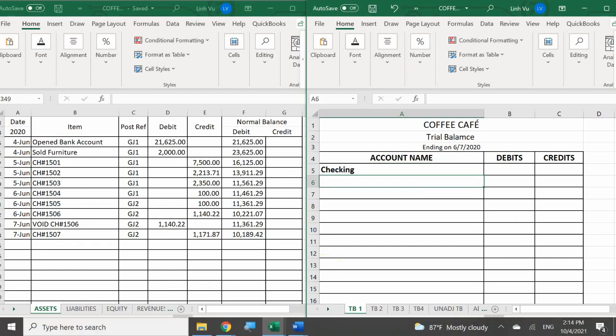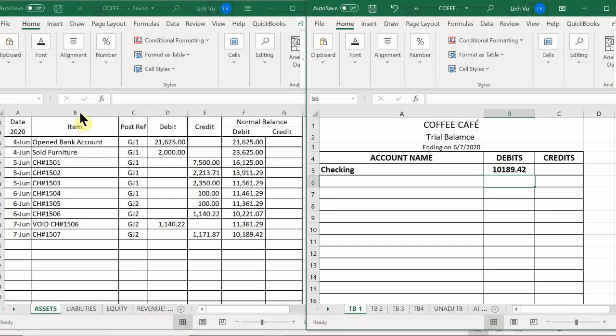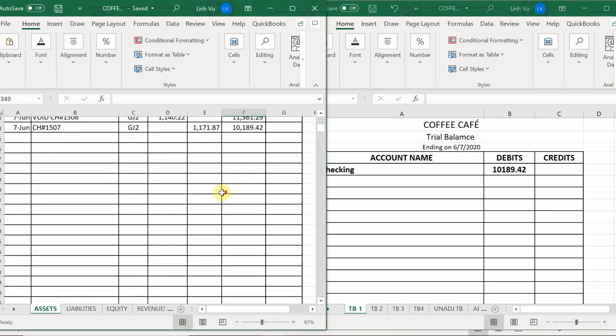It has a debit balance of, what did you say? 10,189.42. And that's what you're going to transfer from your ledger into your trial balance. We're going to test whether my debits equal my credits, and if they do, then we did accounting correctly.